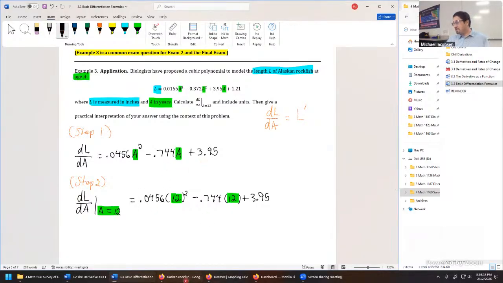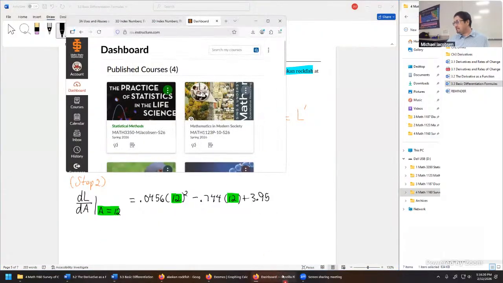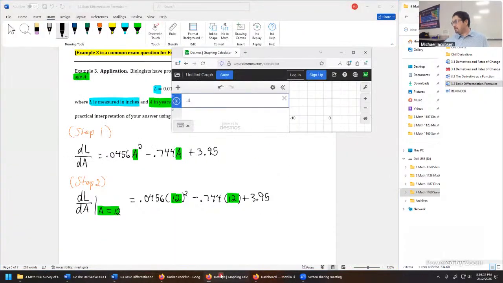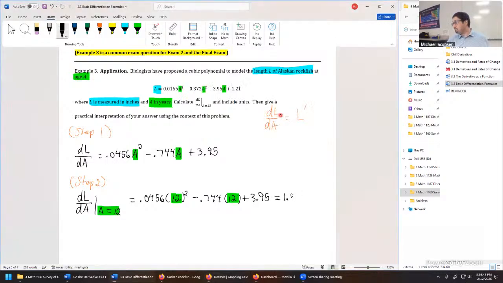Now let me check the rest of the numbers there. 0.0456, 12 squared minus 0.744, 12 plus 3.95. So we get this figure, 1.5884. Definitely struggling with my decimal points on this.